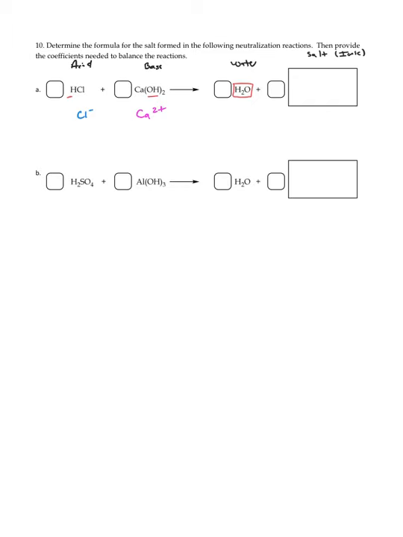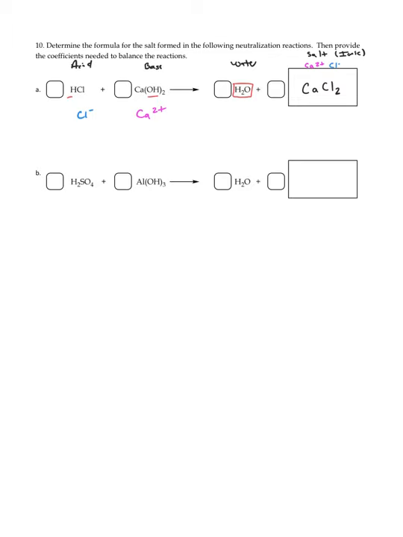And so those are going to combine to form your salt. And so again, cations listed first. You can quote unquote cross your charges to figure out that your salt formula is CaCl2.